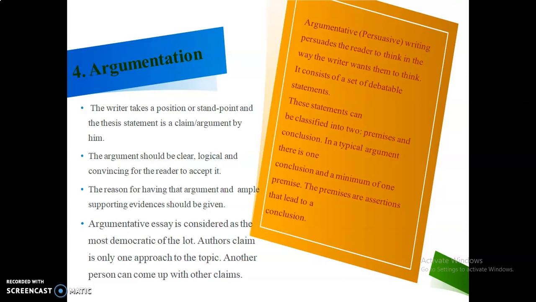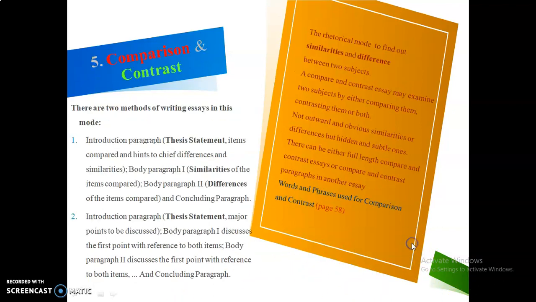An argumentative essay is considered the most democratic of the lot. The author's claim is only one approach to the topic. On the same topic, different authors can have different arguments and ideas. So this can be considered the most democratic method of academic writing.